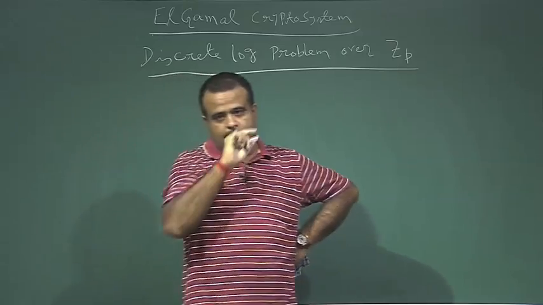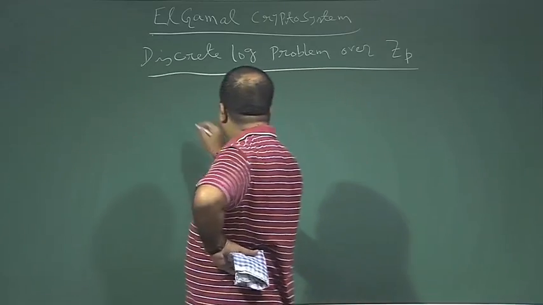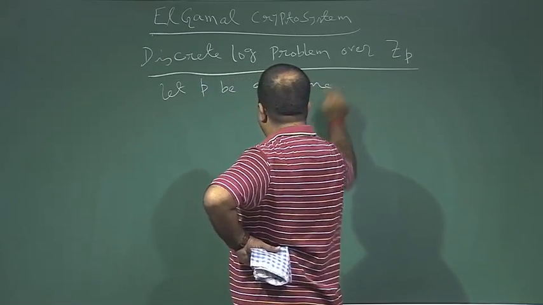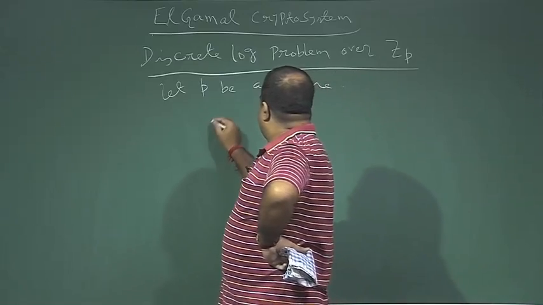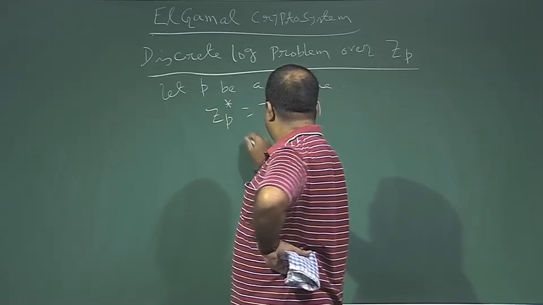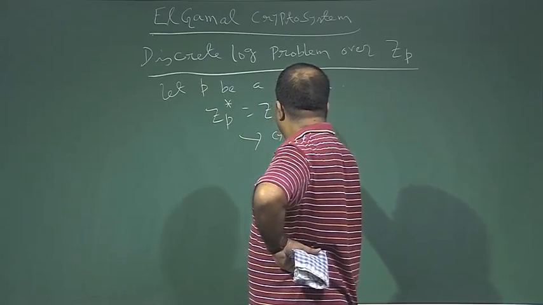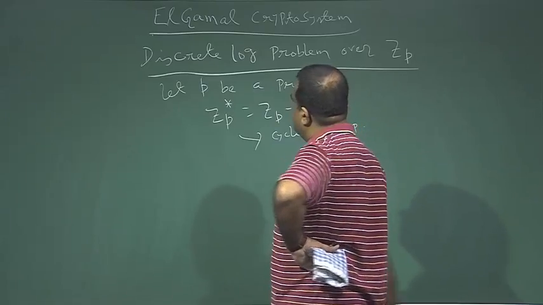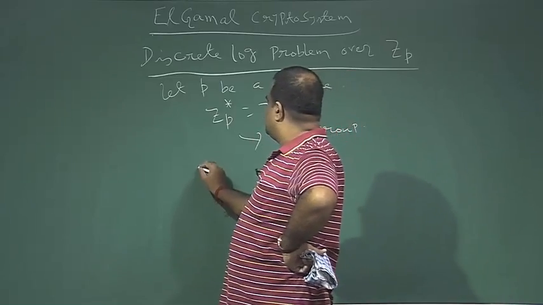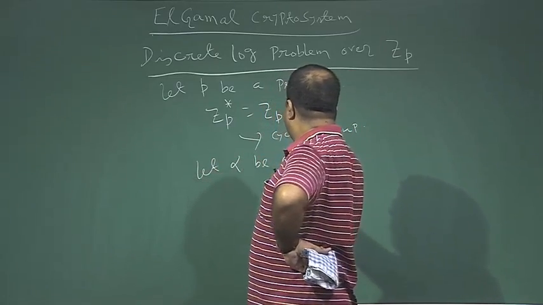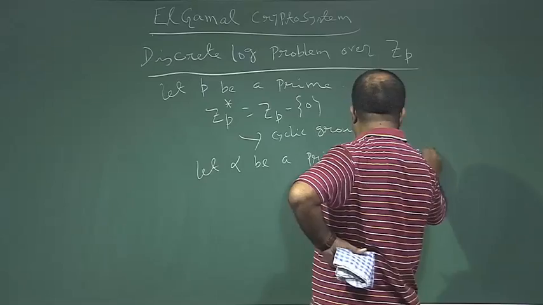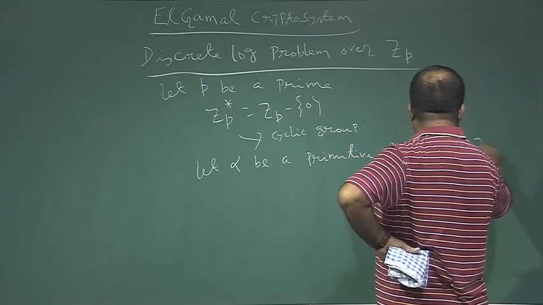Diffie-Hellman key exchange. So the problem is: let p be a prime. If p is a prime, then Zp star, which is basically Zp minus 0, will be a cyclic group, and then let alpha be a generator or primitive element of Zp star.